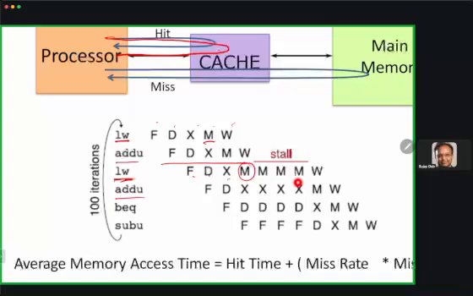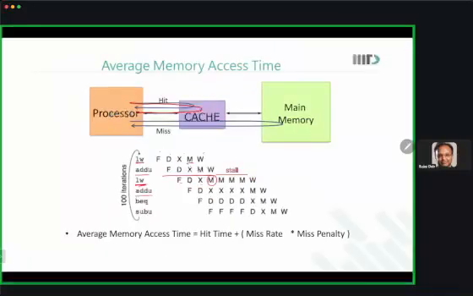So now to quantify that, we will use this metric called average memory access time. Every memory access will have basically these two components of time.